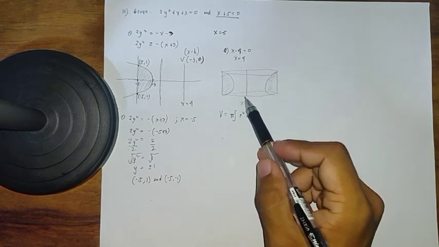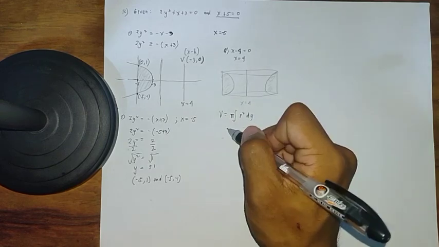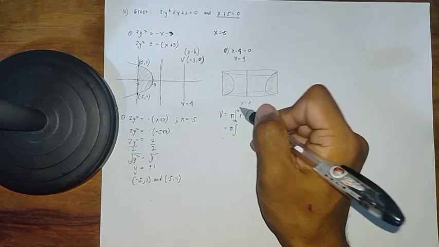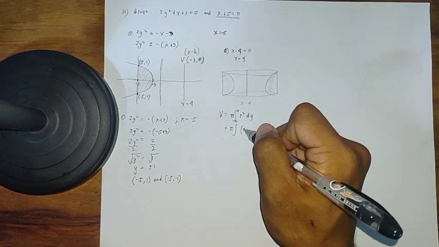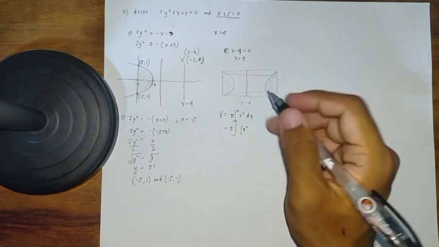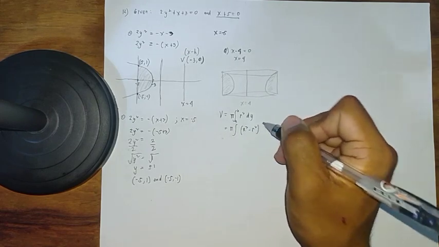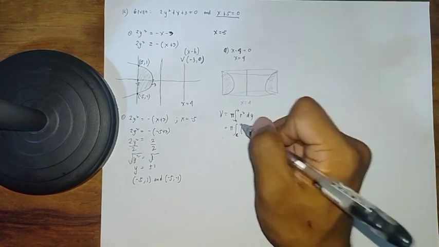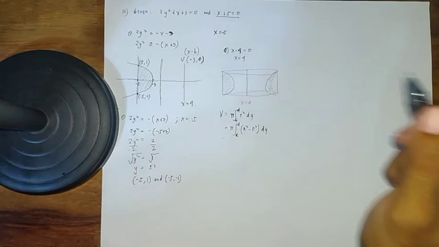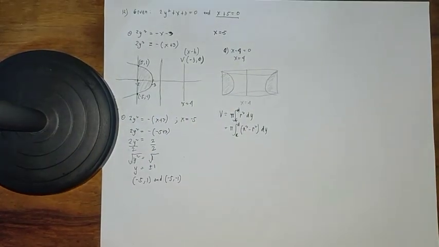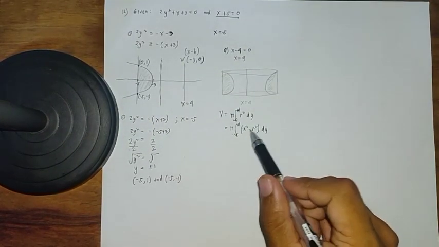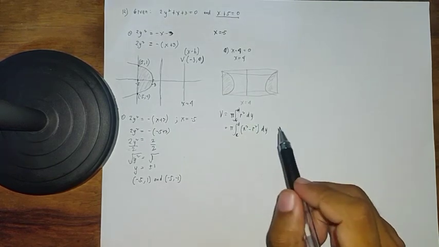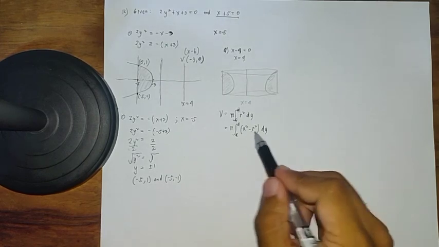Yung r natin dito, since may butas siya sa gitna, so magiging pi from C to D, big R squared yung pinakamalayo sa axis of rotation minus small r squared yung pinakamalapit sa axis of rotation times dy. Kita natin dito sa formula na kailangan natin yung value ng malaking R at yung maliit na r muna para may ma-input tayo mamaya.